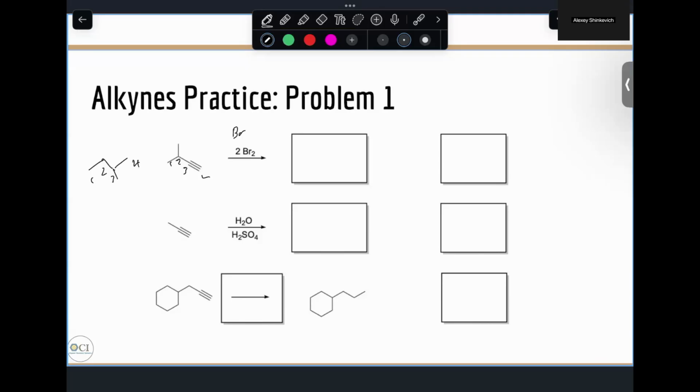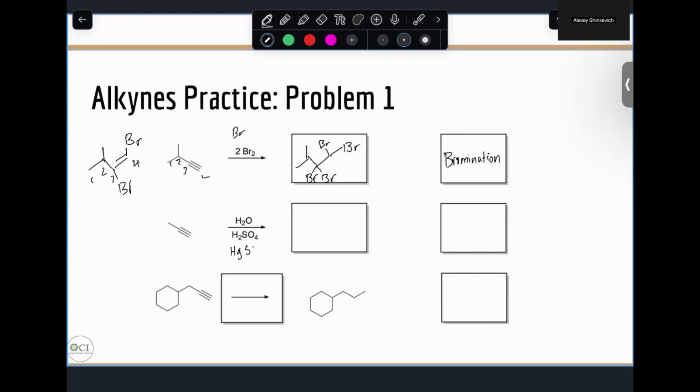Our first set is just going to add one set of bromines, and then the second set will add another set of bromines, like this. And that is called bromination. Make sense? Moving on.